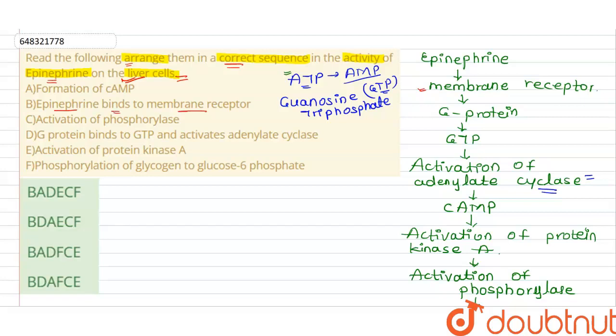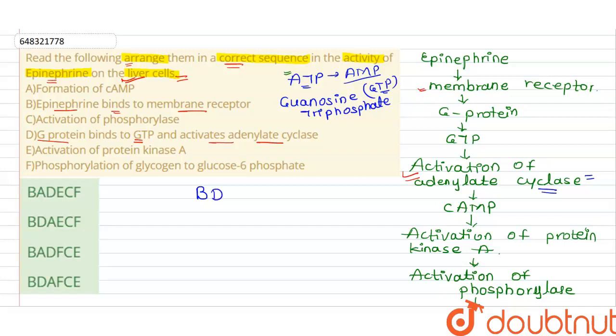That's why first there will be B. After that, we told that the G protein will bind to GTP, guanosine triphosphate. That is mentioned in statement D, G protein binds to GTP, and after that the activation of adenylate cyclase is also mentioned in the same statement. That's why next it will be D.